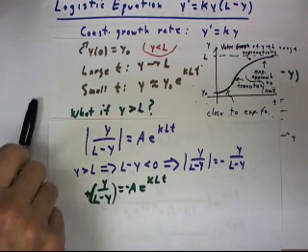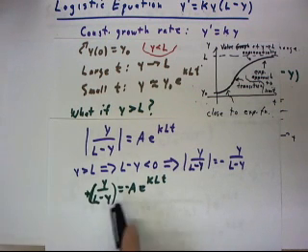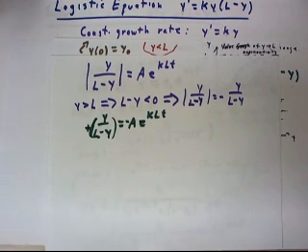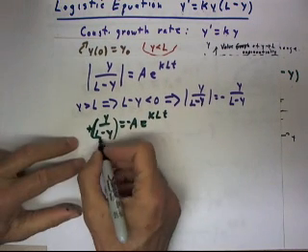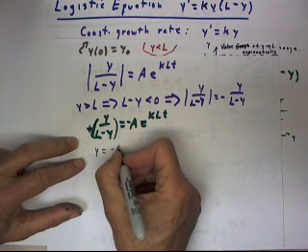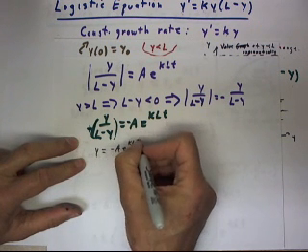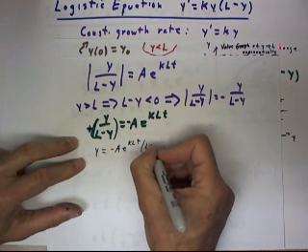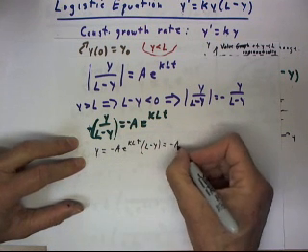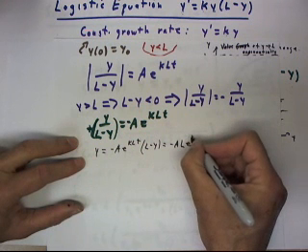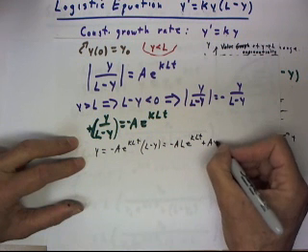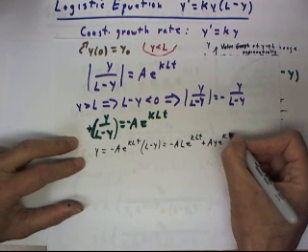Now, we can go through the details of solving this equation for y, and I'll go through those very quickly. We multiply both sides by L minus y, obtaining y equals negative A e to the KLT times L minus y, which is going to equal negative A L e to the KLT plus A y e to the KLT.